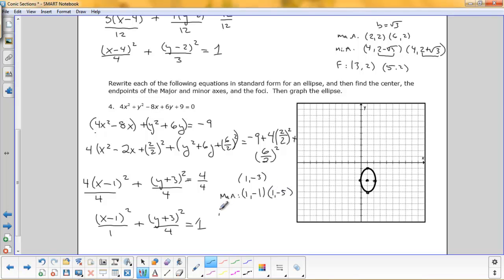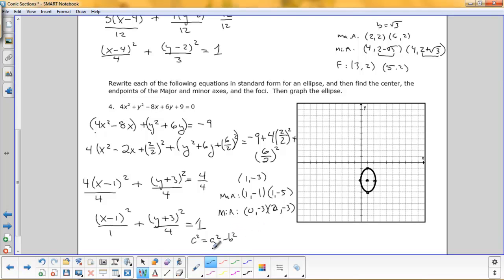The minor axis endpoints are located at (0, -3) and (2, -3).